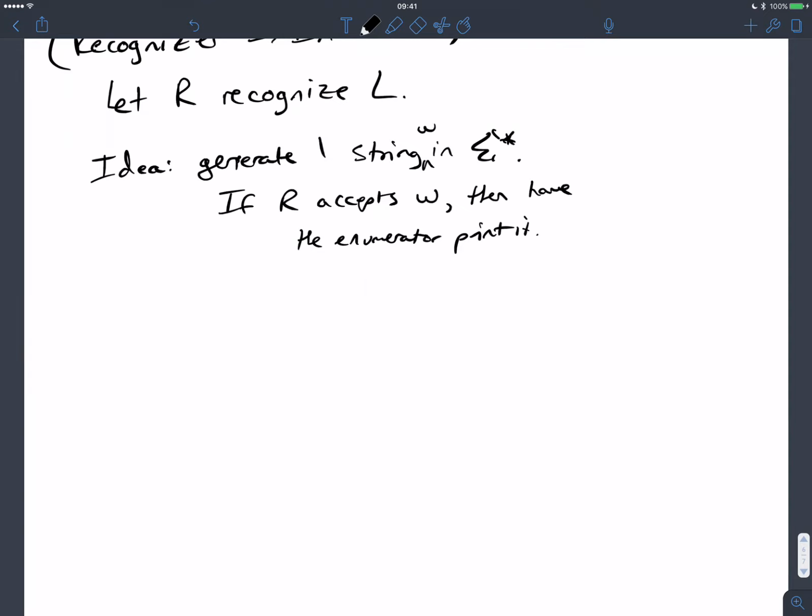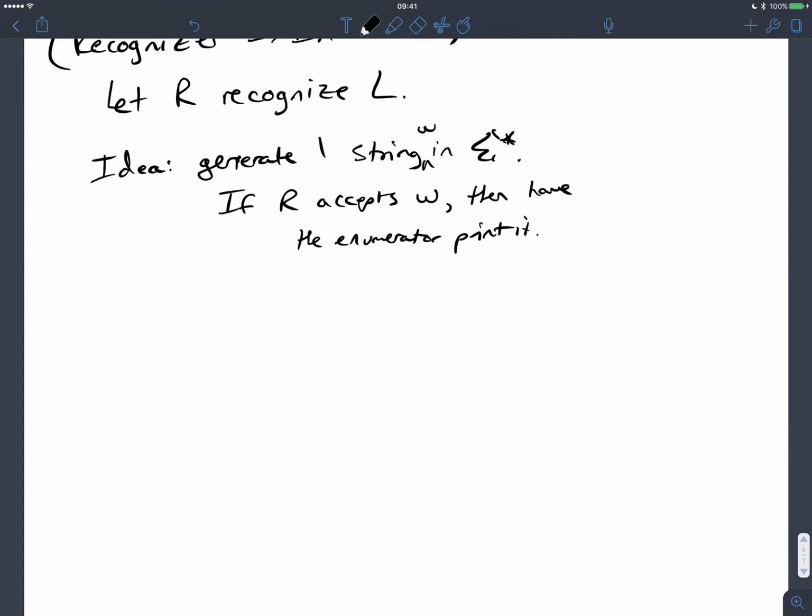Suppose that the empty string is accepted, for example, and it takes, let's say, 470 steps, 470 transitions. If I run it for 471 transitions, will it still be accepted? Yeah, it'll stop after 470.